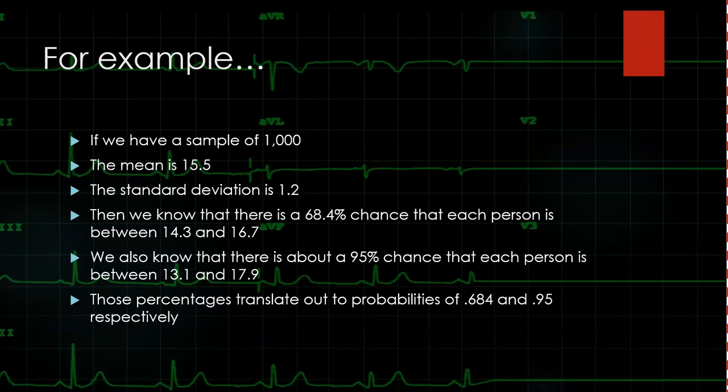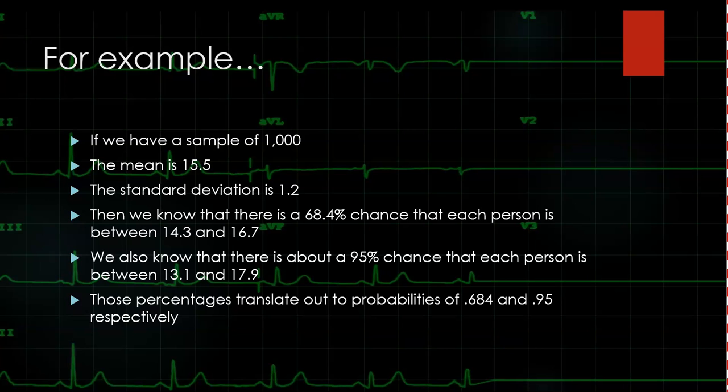Here's an example. Say we have a sample of 1,000. That could be 1,000 anything, just 1,000 measurements. The mean of that sample is 15.5, and the standard deviation is 1.2. Given what we learned about standard deviation and the percentages of the population that live in each of the standard deviations, we know that there's a 68.4% chance that each person in our sample is between 14.3 and 16.7, because that's one standard deviation above and below the mean.